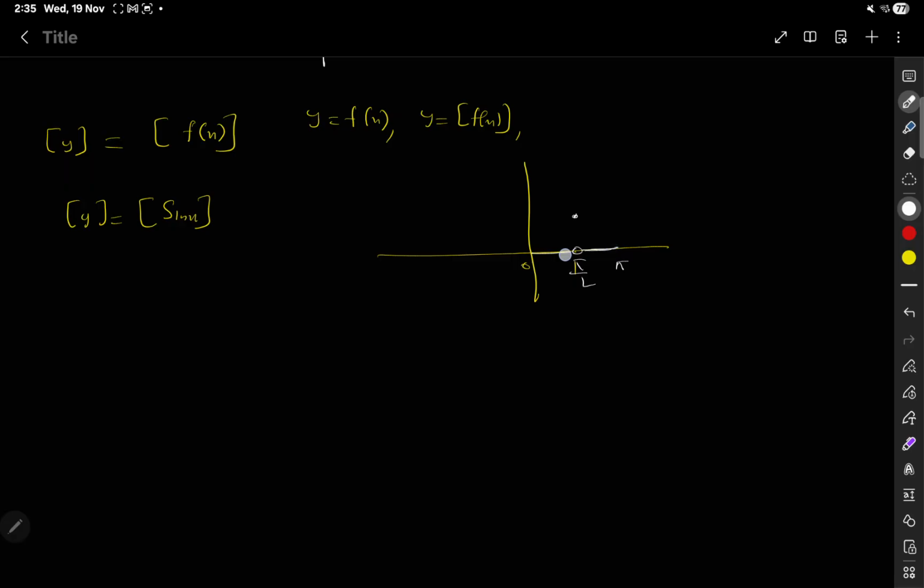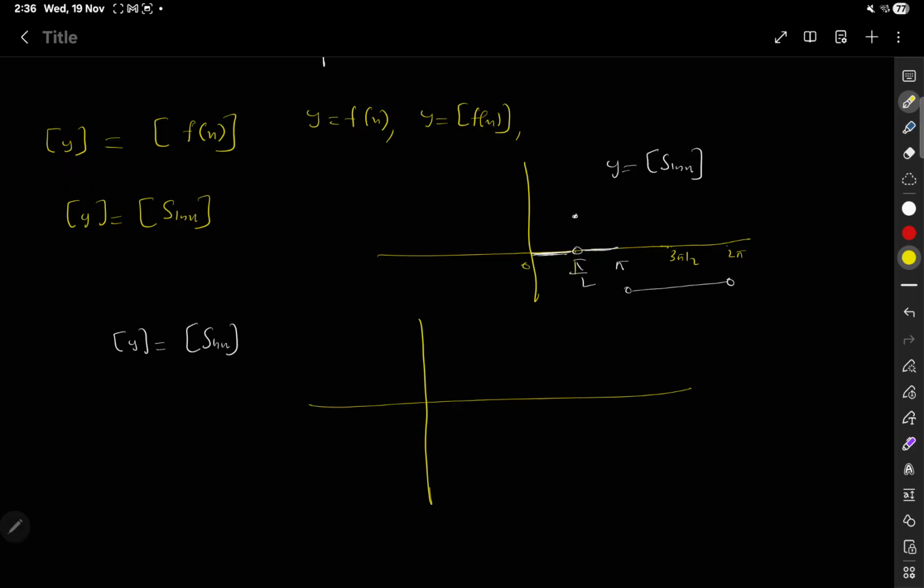Then pi to 3 pi by 2, it is completely minus 1. Okay, I am drawing only this because the graph is just repetition of this. Now this is y equal to step of sin x. Now what to do? It's step, okay? It's step you need to use. I didn't see many questions using this concept, but we are just studying, okay? They can ask, but only few questions we need to do.